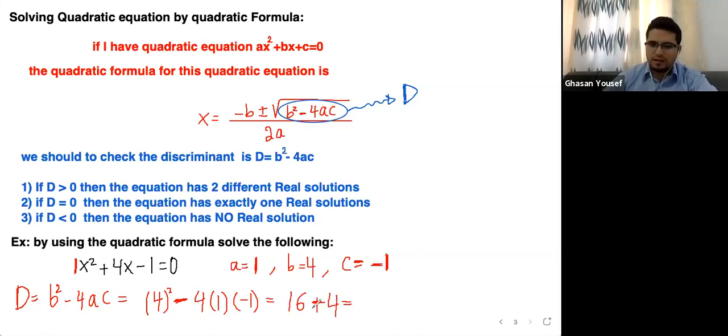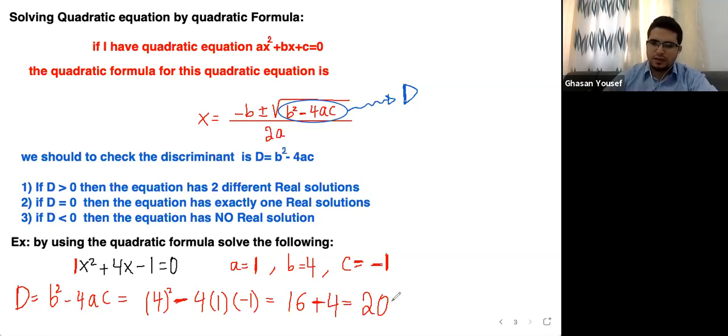Because multiplication comes before subtraction, we multiply first, then we add. 16 plus 4 gives me 20.